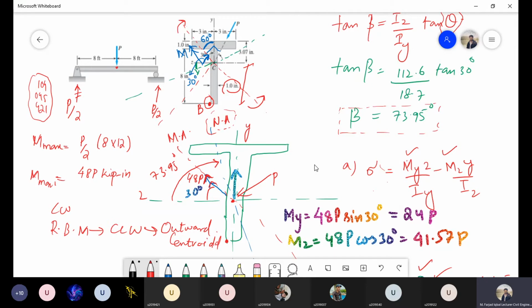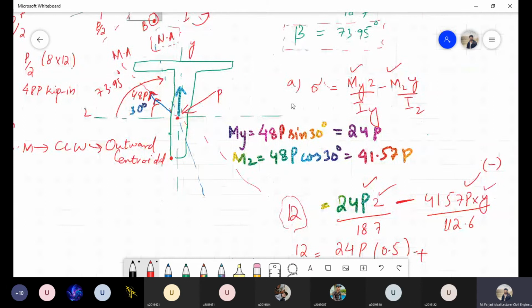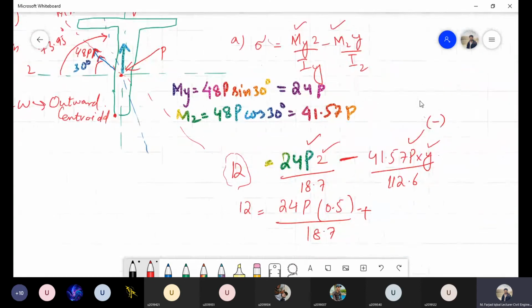The total height is 9, so it will be 6 point something, right? ये Sir, 5.93. 0.07 minus करना. 5.9. Yeah, I don't have the answer, so I will just. So the y distance is 5.9 into 5.9 divided by 112.6. So now from this equation, if I get the value of P, what is my answer?